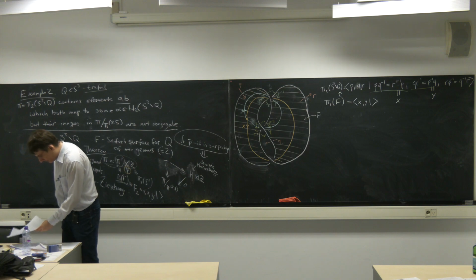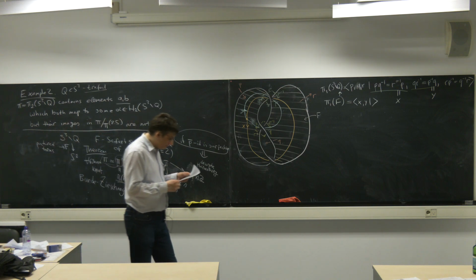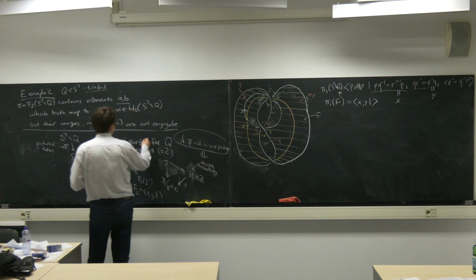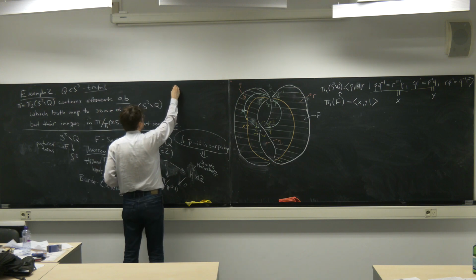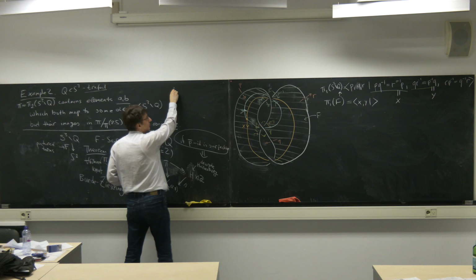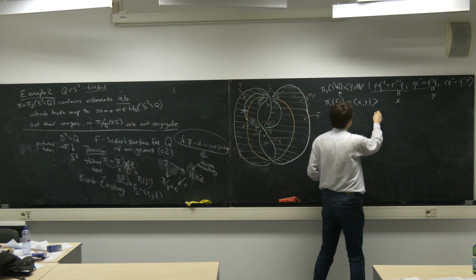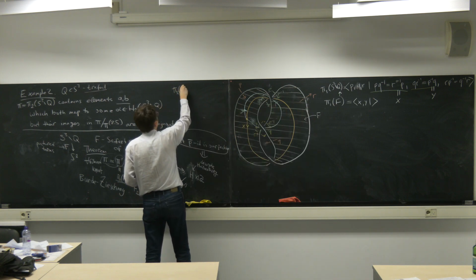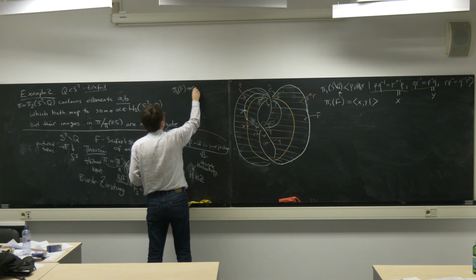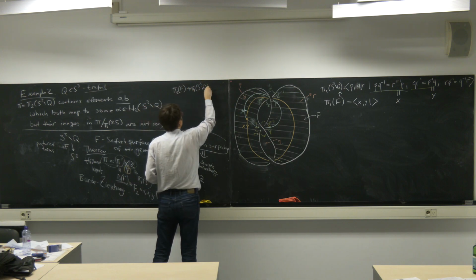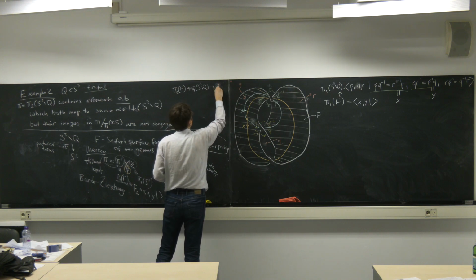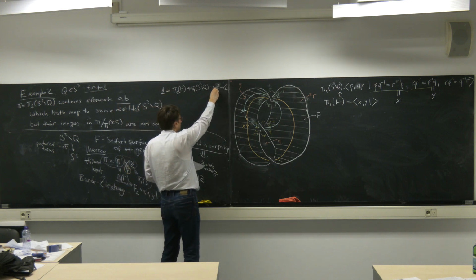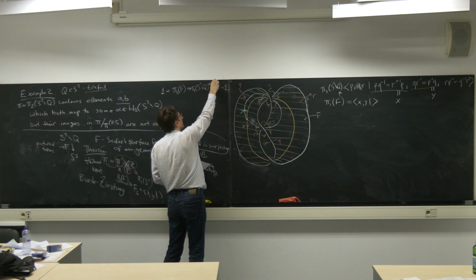So now we can find the monodromy map phi. To compute this monodromy map, we have the short exact sequence: the fundamental group of F goes to the fundamental group of S3 minus Q goes to Z. So to determine phi, we need to choose some splitting.